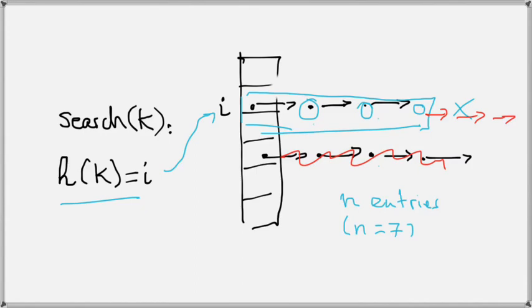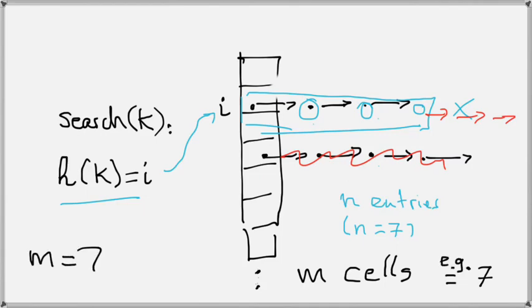But now if we assume that the elements are placed uniformly at random in the hash table, then we get a different setting, at least for the average case. So let's say we have m cells, in this example m is 7 also, so we have the scenario where m is 7 and n is 7.